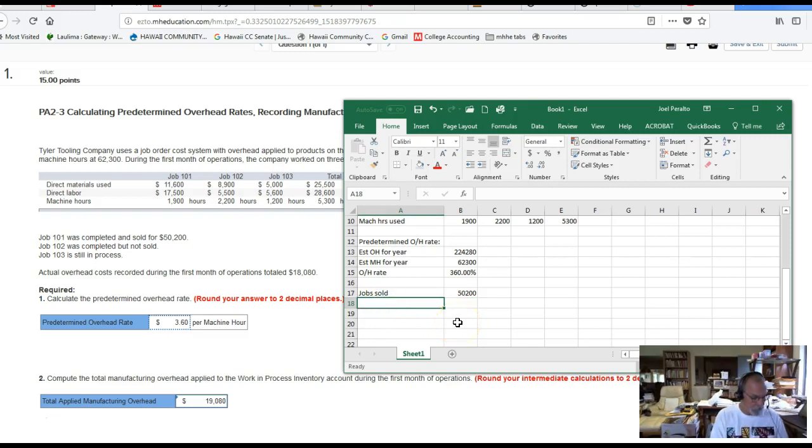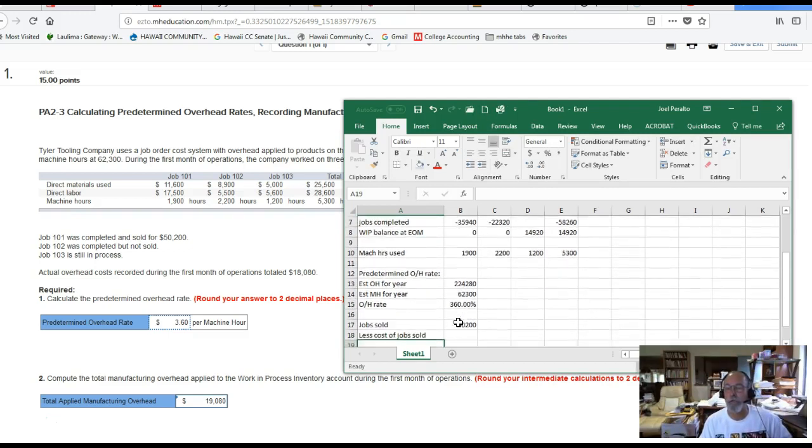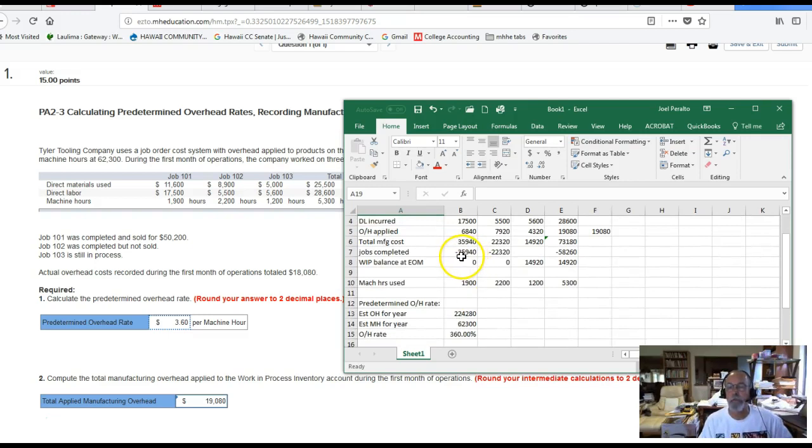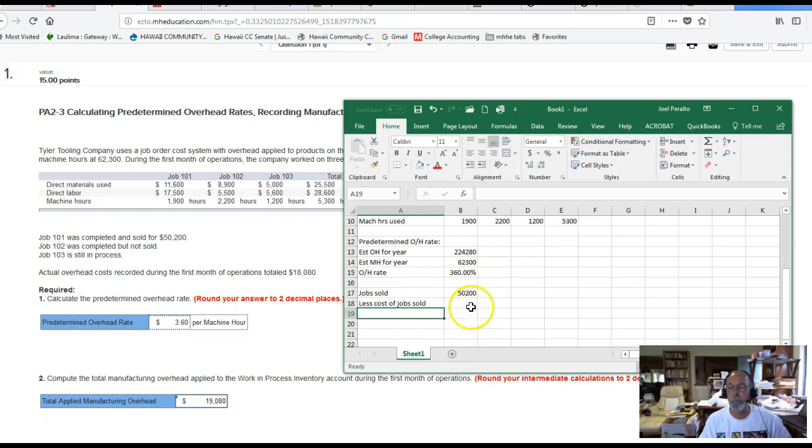And the cost for job 101 would have been this amount here, 35,940.